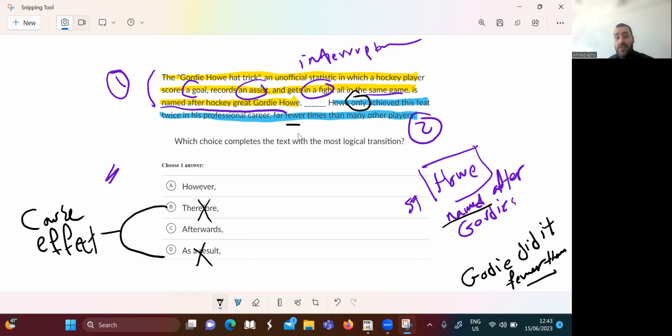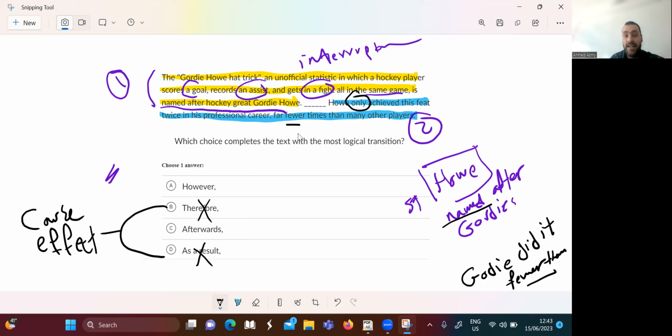Does it work here? It doesn't work here. That's not a cause and effect. It was named after him, and he's actually the one who did it the least. So it's not reasonable to be named after a person who did it fewer times than many other players. So that's not a cause and effect relationship.